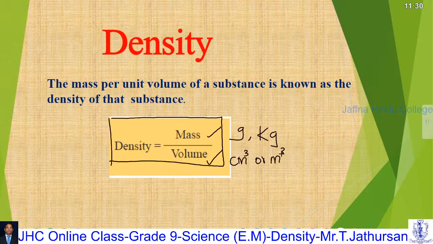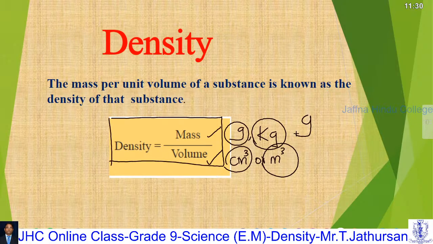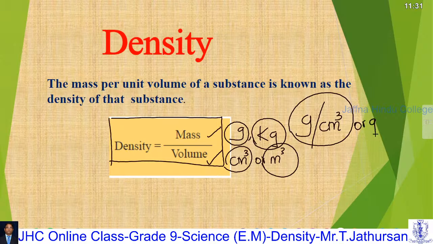Density equals mass over volume, so this unit divided by this unit. Gram divided by centimeter cube. So, the unit of density is gram per centimeter cube or gram centimeter minus 3.